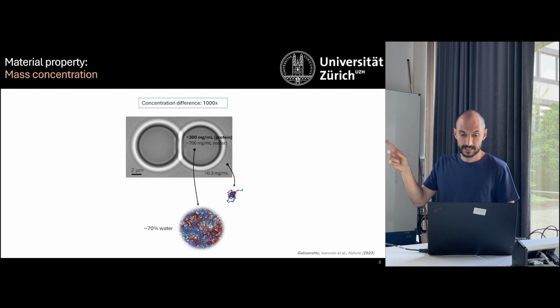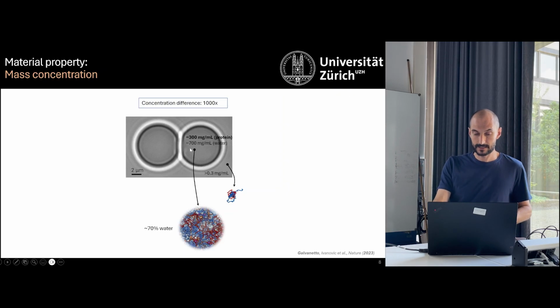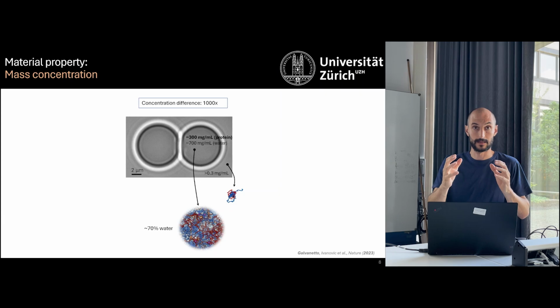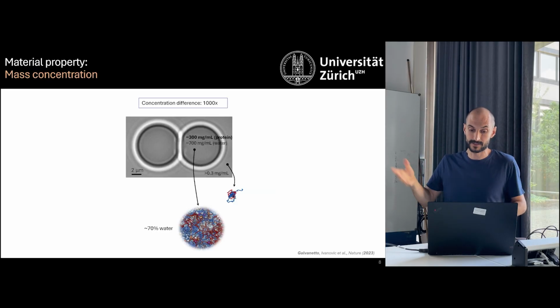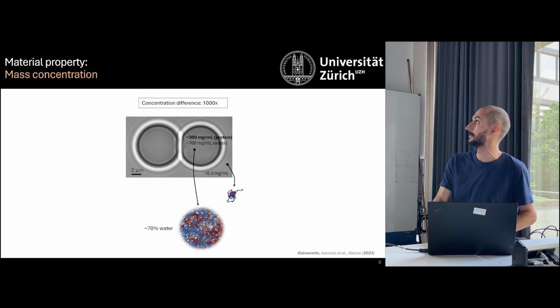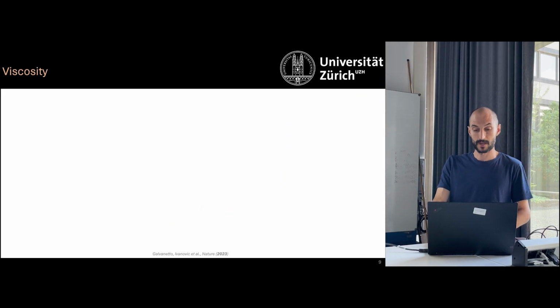And we see that these condensates are clearly relatively dense, on the order of 300 milligrams per milliliter of protein. But this also means that we still have on the order of 70% of water volume-wise in the condensates. While in the dilute phase, the concentration is much, much lower, like 1,000 times lower.